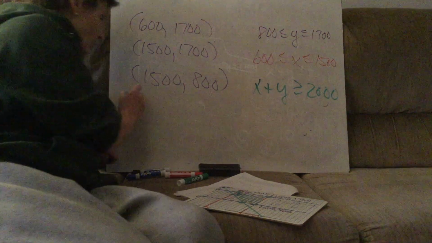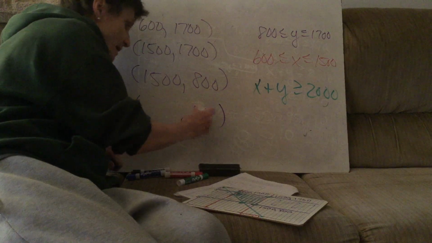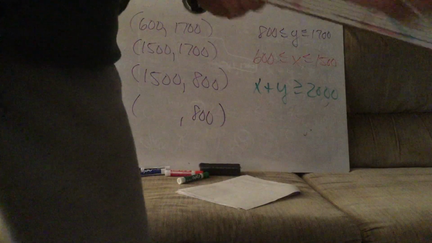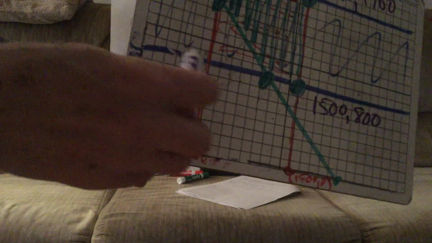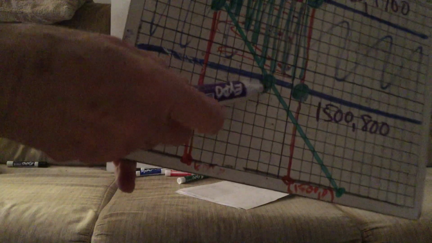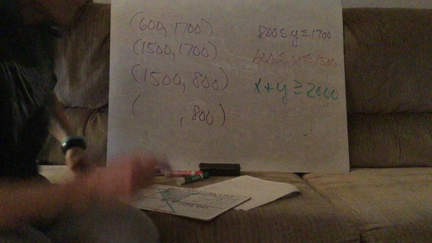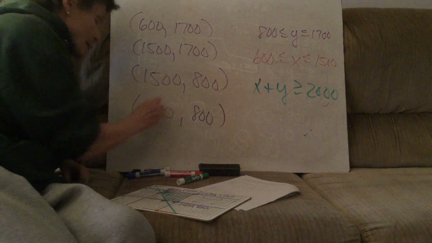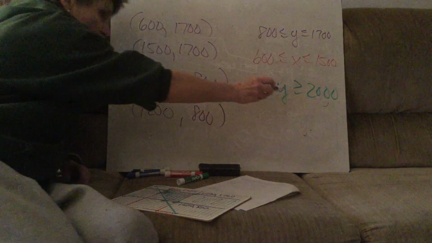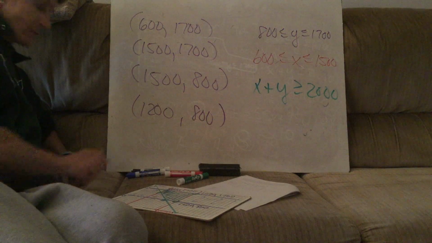So if I am on the y equals 800 line, but I also have to add up to 2000, then I know x must be 1200, because 1200 plus 800 will give me my 2000.